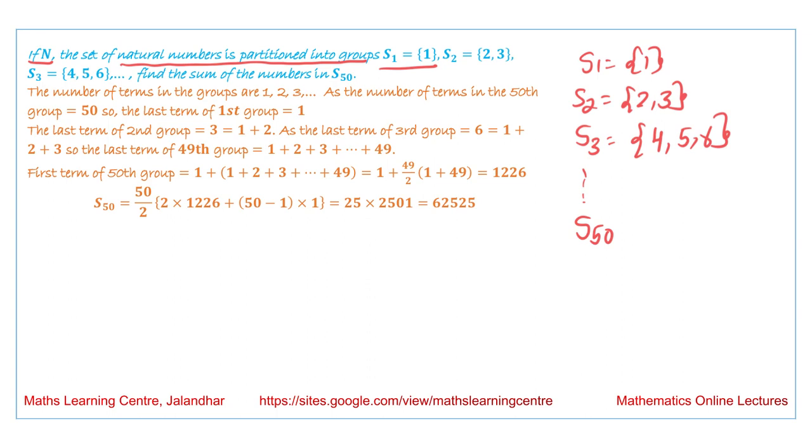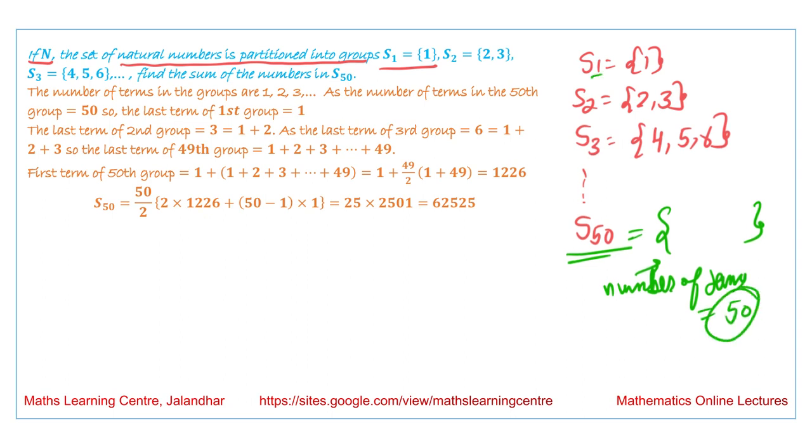Now the number of terms in S50 will be equal to 50. For S1 it is 1 term, for S2 it is 2 terms, for S3 it is 3 terms. And if we talk about the last term, look at the first set S1, the last term is 1.